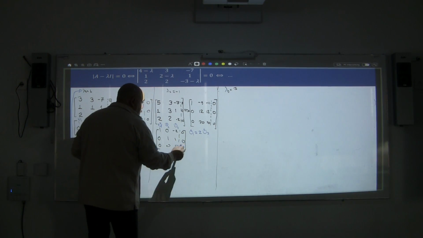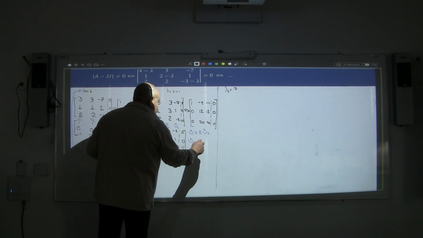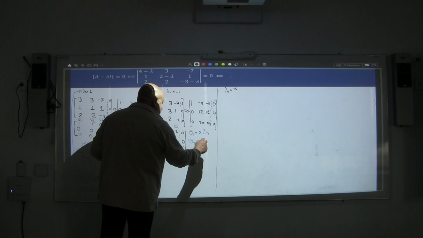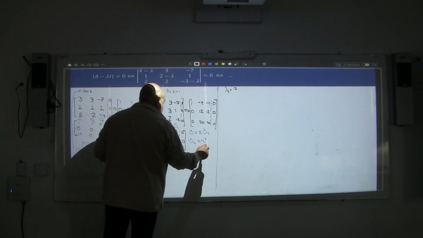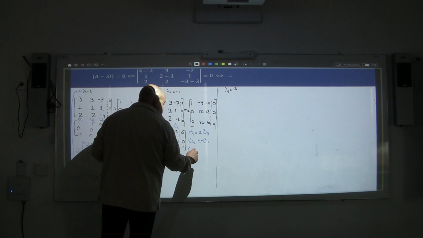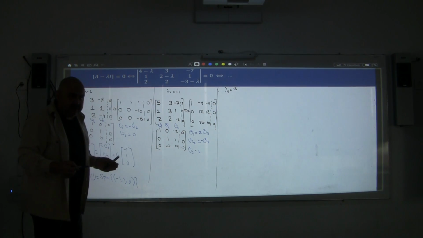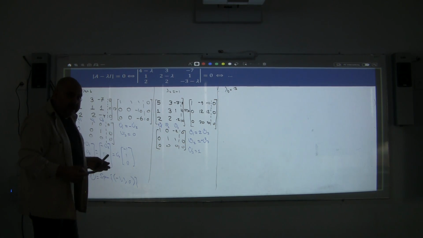For the second row, I will have the second eigenvector, second component, is equal to the negative of the second eigenvector, third component. I can consider u2,3 is equal to 1, and this is how I can get the values, the eigenspan, the span of the eigenvectors.